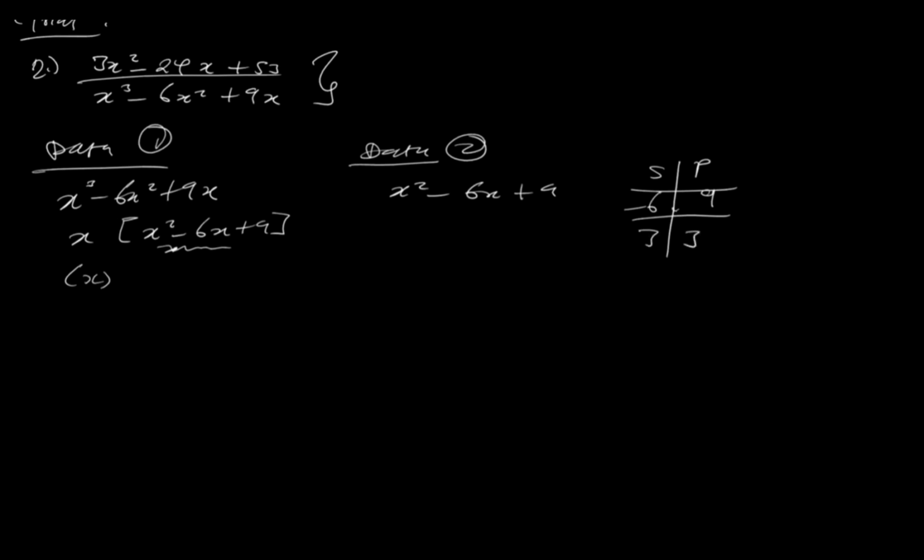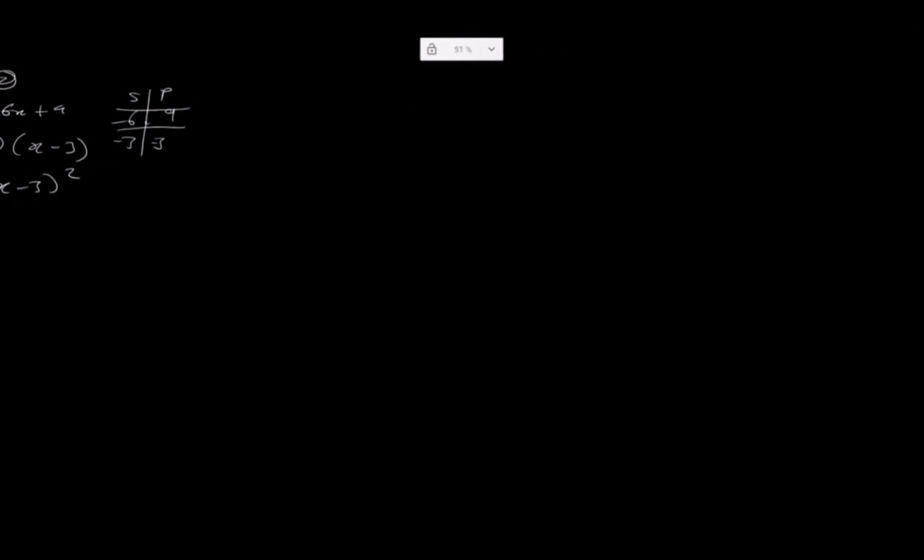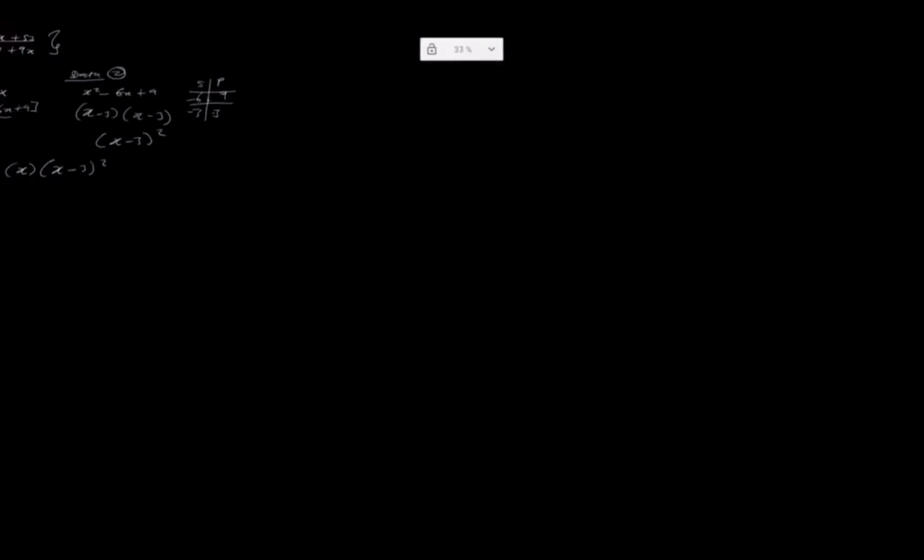We're having 3 and 3. So we're going to have x minus 3 and x minus 3, the same as x minus 3 squared. This implies at the bottom we'll have x and then x minus 3 squared. So a very nice question. Alright, so now how are we going to answer this question?